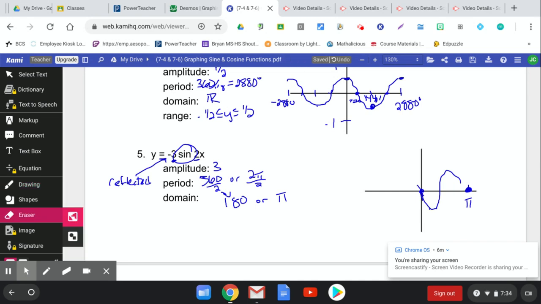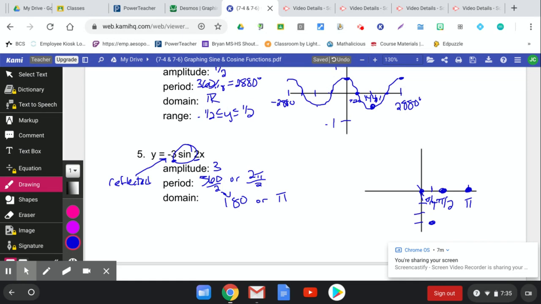So we have to go down and hit, and come up and hit again, all within pi. I'm going to erase that because I was really sloppy. So we're going to have a point halfway between these at pi over 2. And that's where we're going to hit here. And then halfway between this, at pi over 4, that's when we're going to get that bottom point down to negative 3. And then at this point, 3 pi over 4 will be at positive 3.